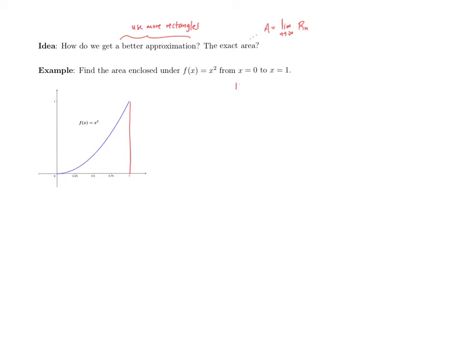So the area is going to be the limit as n approaches infinity of R sub n. There's two parts here. The first part is we need to find a formula for R sub n, and note the formula for R sub n is going to involve n. Once we find that formula involving n, then we take the limit.